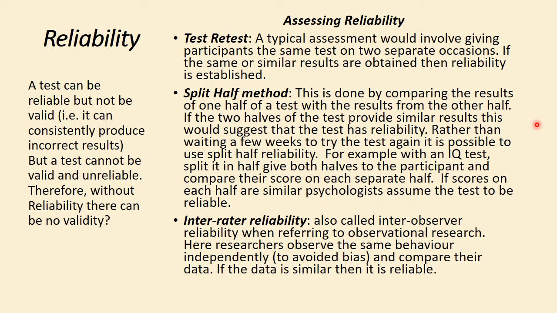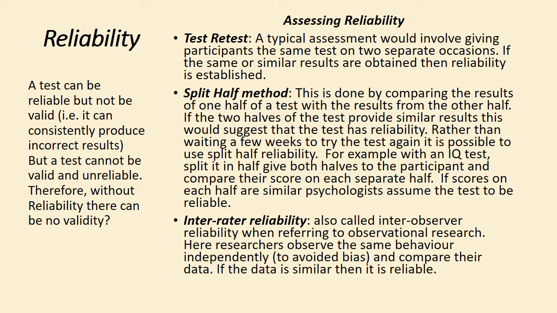So, for example, you give a load of participants an IQ test. They sit the first half of the test and the second half, and if the first half of the test's results are similar to the second half, then we can say that there's reliability throughout the test. If they score massively different on the two halves, then you've got to question what the test is actually doing.